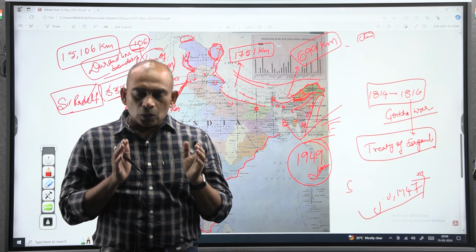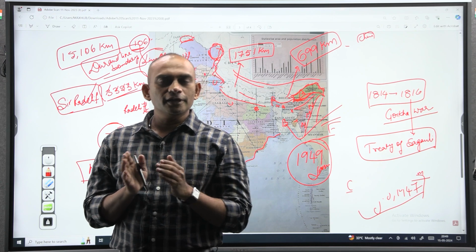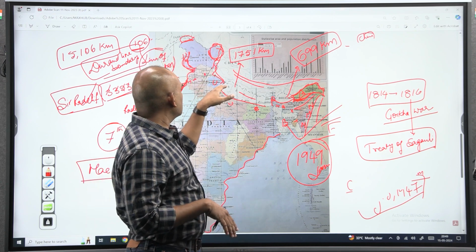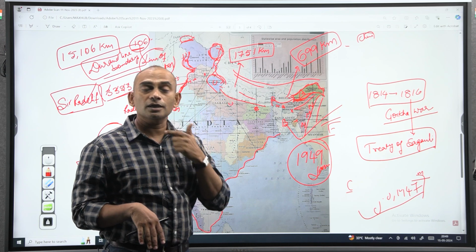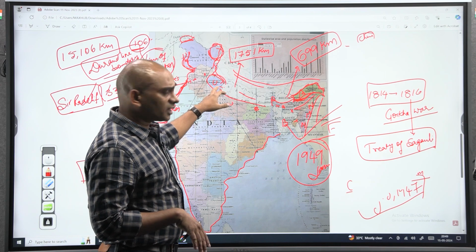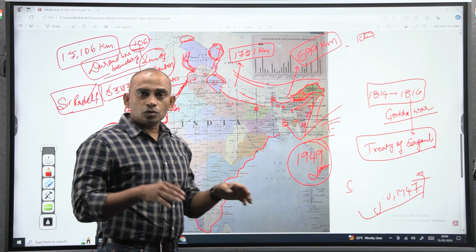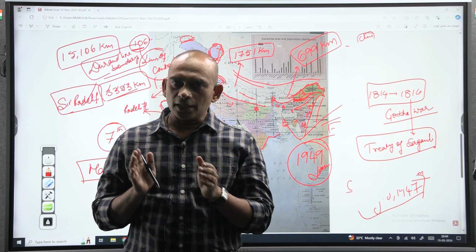Locally the Himalayas are known by different names. These Himalayas are known as the Kumaon Himalayas or Garhwal Himalayas in the Uttarakhand region. That area is known as the Kumaon and Garhwal region.